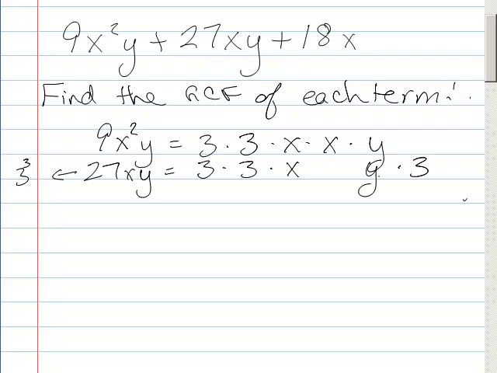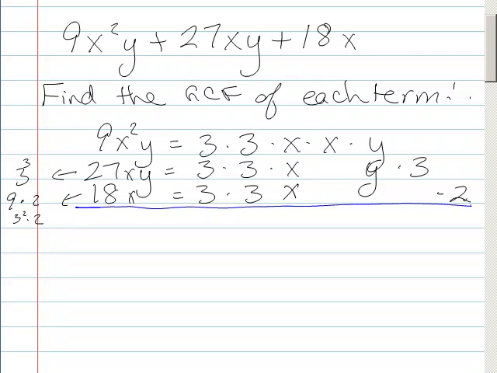I'm lining things up where I can. My last term, 18x, remember 18 is 9 times 2, or 3 squared times 2. So 18x is two 3's, a 2, and an x.